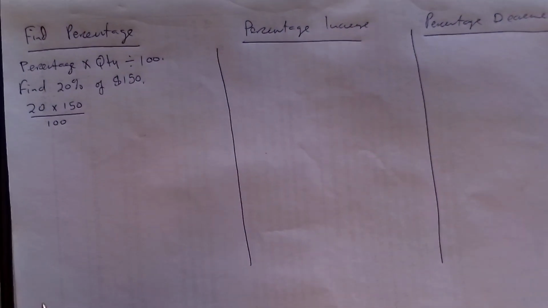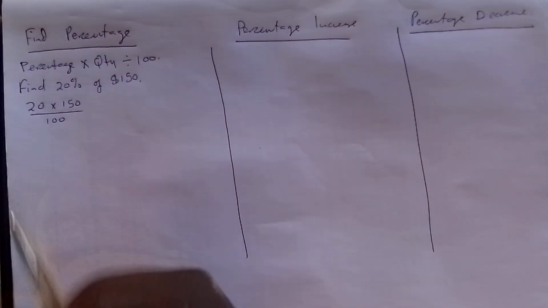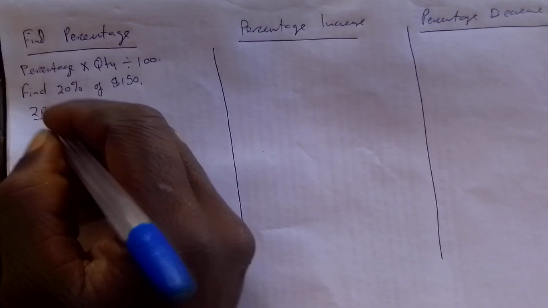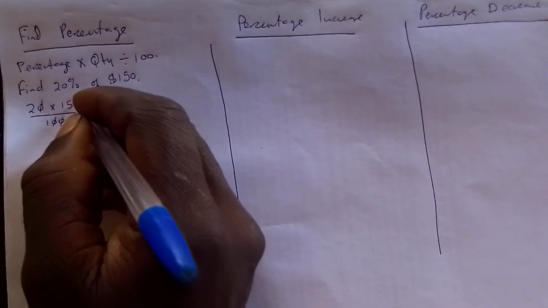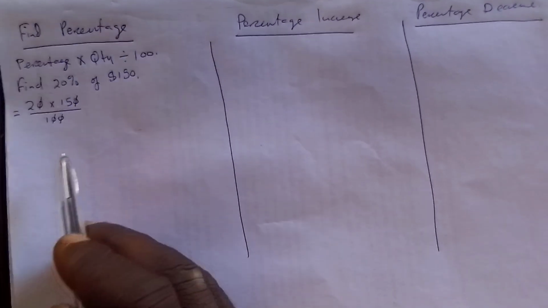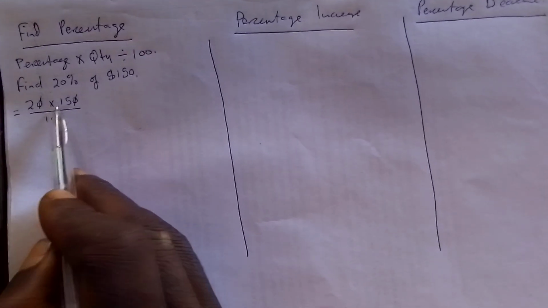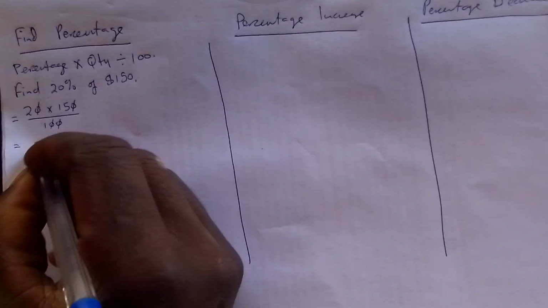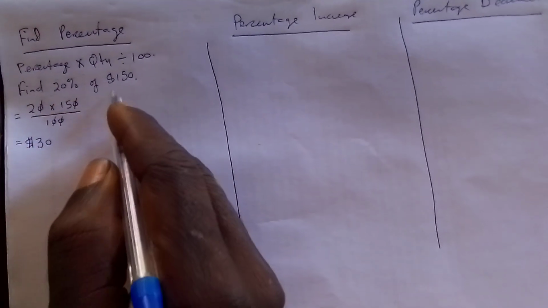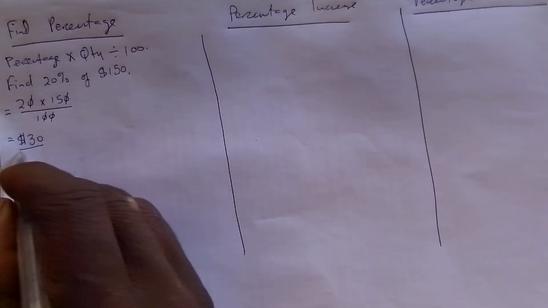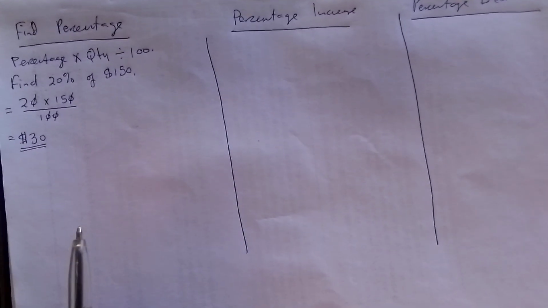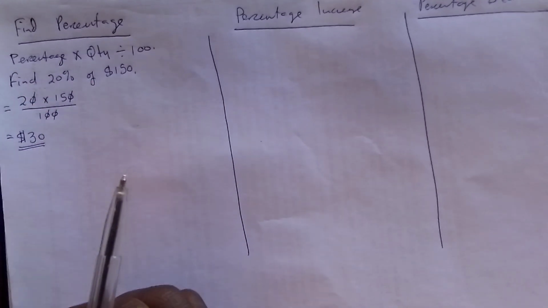Can you see? Yes. Now, cancelling our zeros makes our calculation easy and fast. Now we remain with 2 multiplied by 15, which gives us 30. So 20% of 150 is $30. Okay? This is how we can find the percentage of anything.